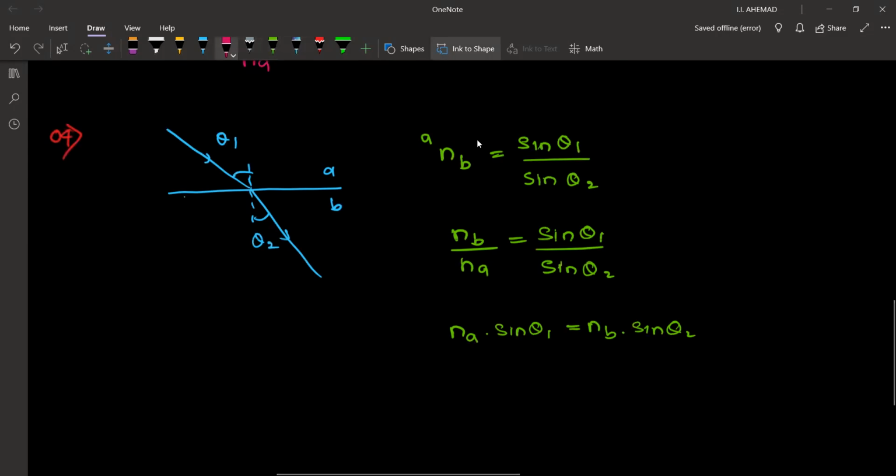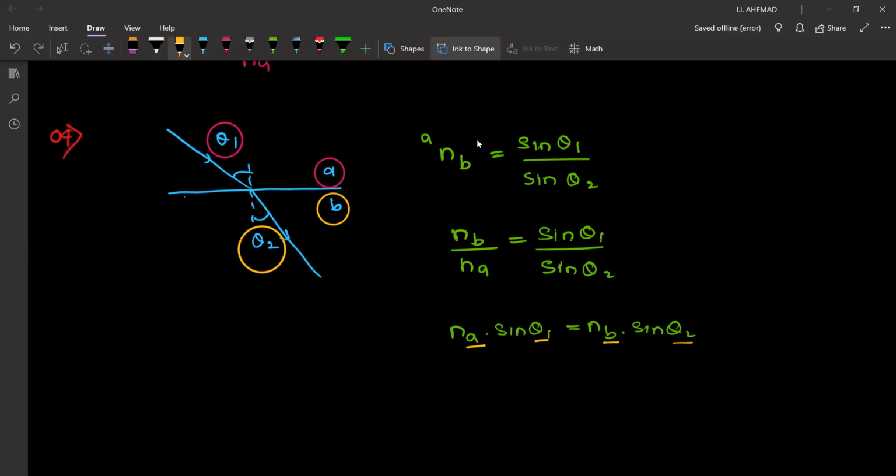And do you get something here? Look, theta 1 is the angle on the side of A, and theta 2 is the angle on the side of B. Here also, we have A and theta 1 on the same side, B and theta 2 on the same side.